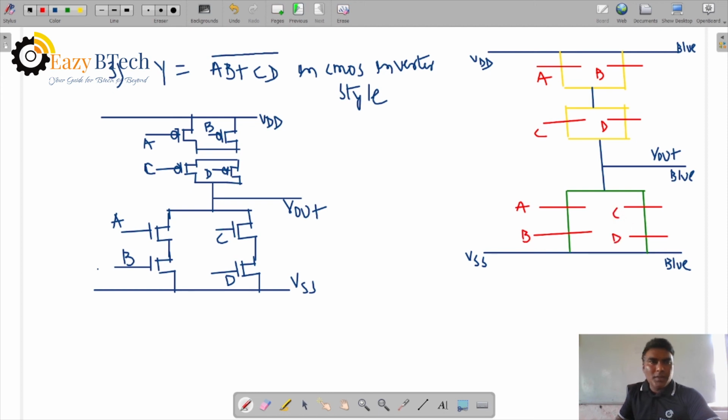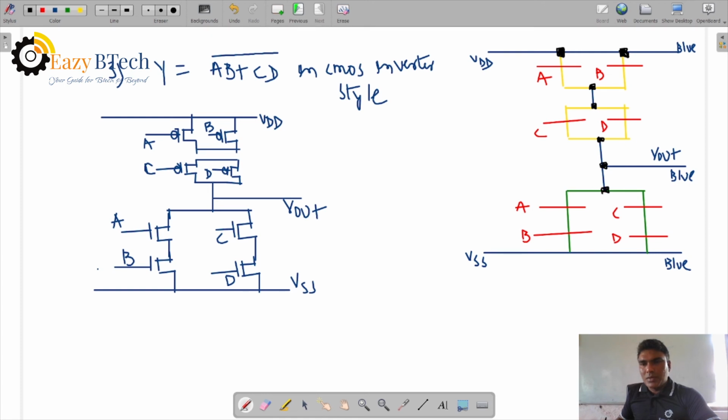Now the interconnection points we can take. You see, this is an interconnection point, this is an interconnection point, and right here also. Interconnection point, series connection. Interconnection point, metal and diffusion. Here metal to metal interconnection point.